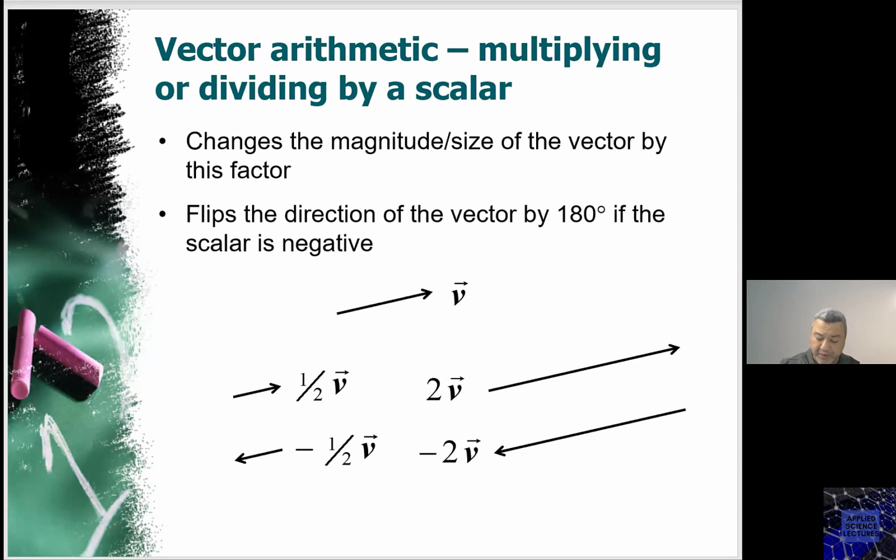Now, if you multiply this vector by a positive scalar, then only the magnitude will change. If you multiply this vector by a negative scalar, the magnitude and the direction. So the negative sign here would reflect on the direction of the vector. So I can write a negative vector as a positive, however, pointing in the opposite direction.